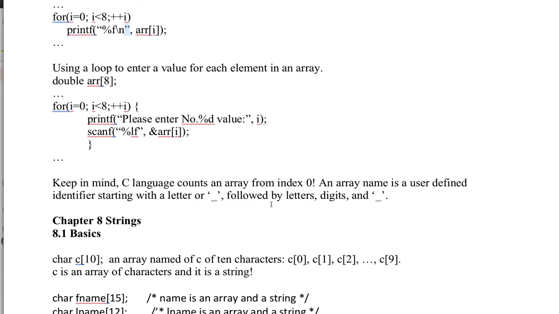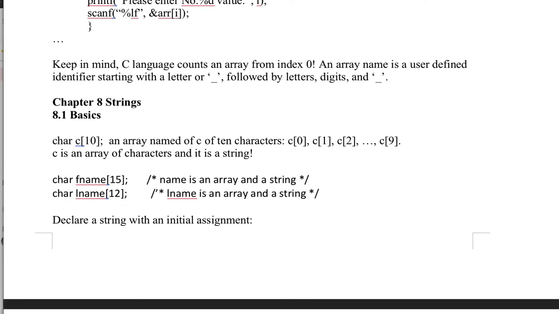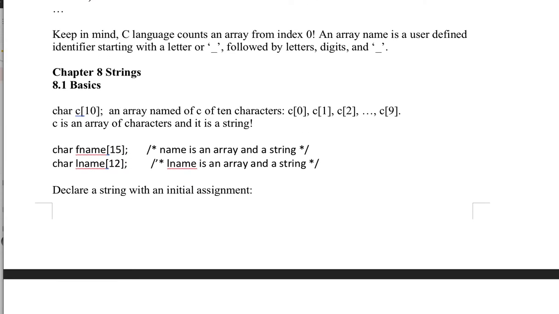Make sure an identifier you create cannot start with a digit. It has to start with either a letter or the underscore mark, but not a digit. A digit could be somewhere in the middle, and you can use multiple digits and multiple letters, but digits can only be in the middle, or the last one. So this is the way you create a name or identifier in the C language.